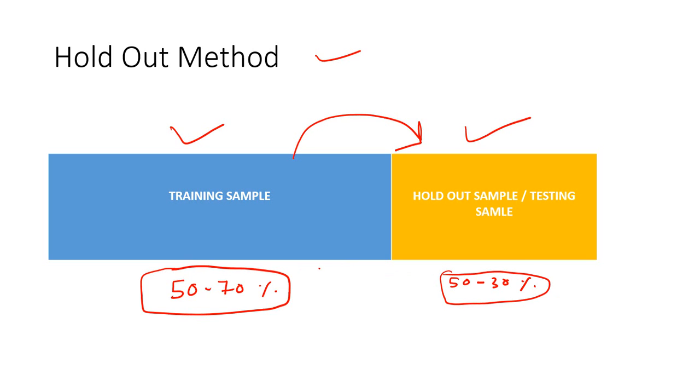Although there's no thumb rule as such, normally the industry practice is to take 50 to 70 or 80% as the training sample and 20 to 50% as the holdout sample. If you're building a regression model, check the mean square error and the root mean square error for the training sample, and also check it for the holdout sample.